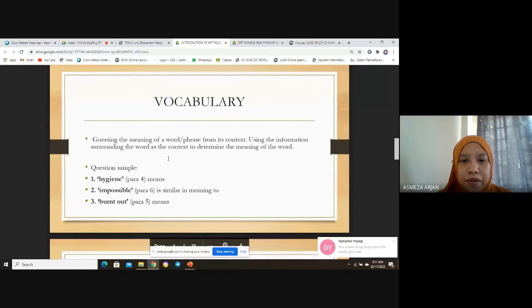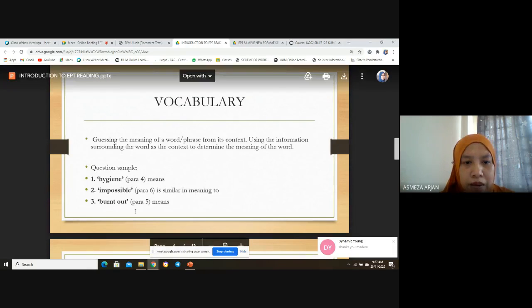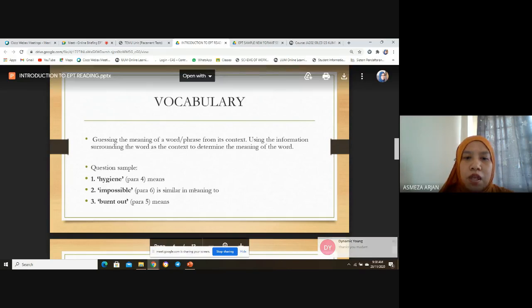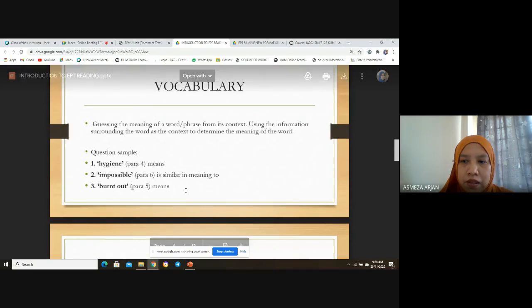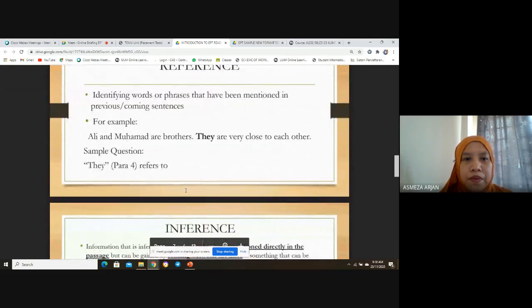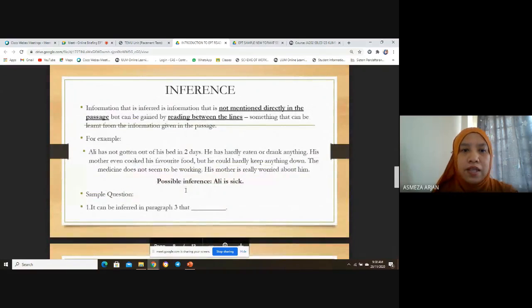Example. Vocabulary. Example. So here, impossible, paragraph 6 is similar in meaning, means you have to give the synonym. If you say impossible is the opposite of, then you have to give the antonyms. Okay, reference word. Inference. This is an inference question.